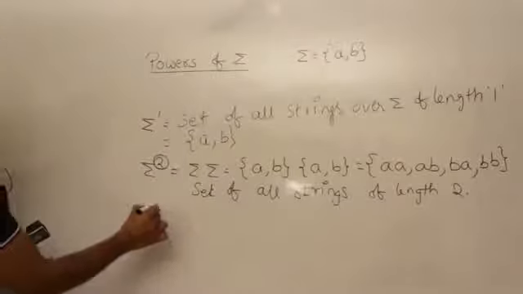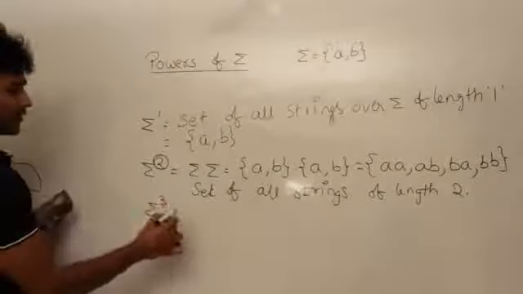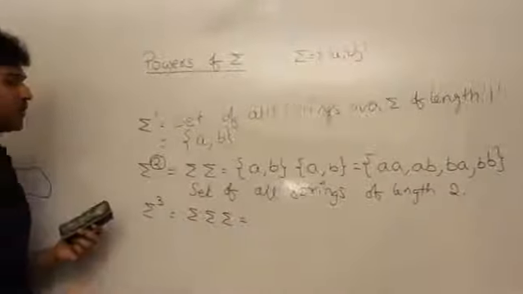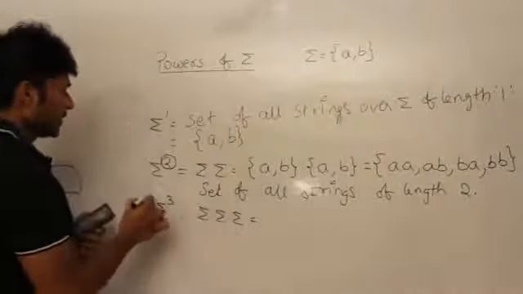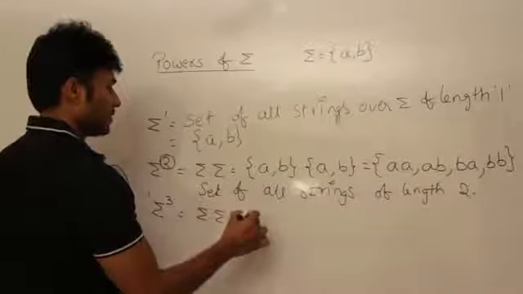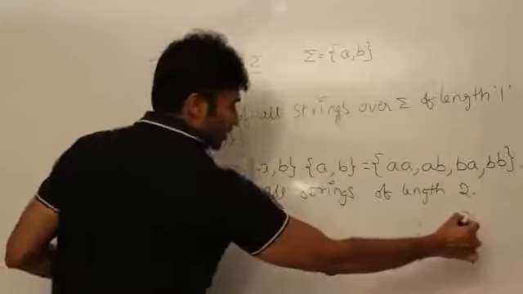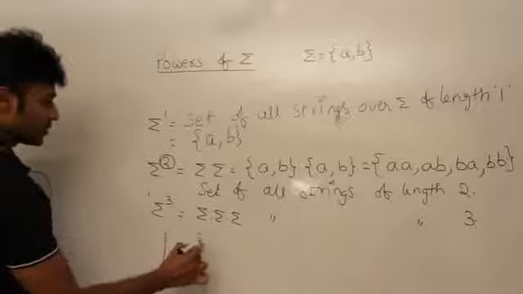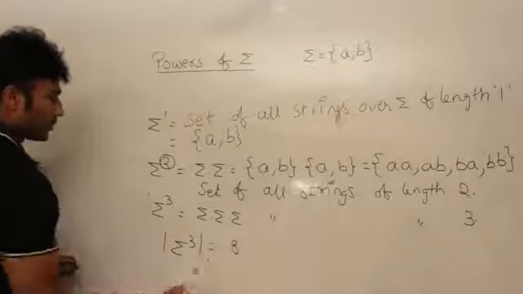Okay, and the next one is sigma cube. As you might have guessed by now, sigma cube is nothing but all the strings of length 3, and the cardinality of this set is going to be 8.